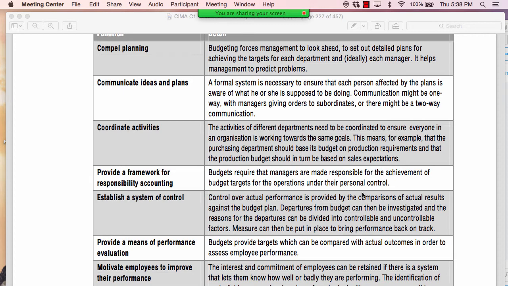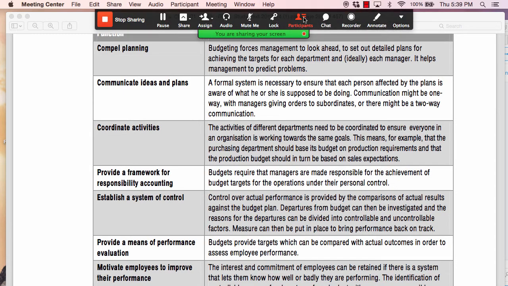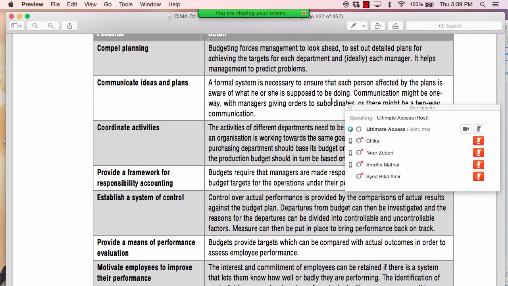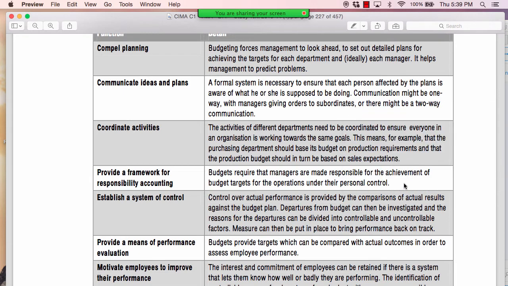Now, if you start doing budgeting, it again forces people to communicate ideas and plans, and coordinate activities. What you have to remember is that finance alone cannot do this budgeting activity.